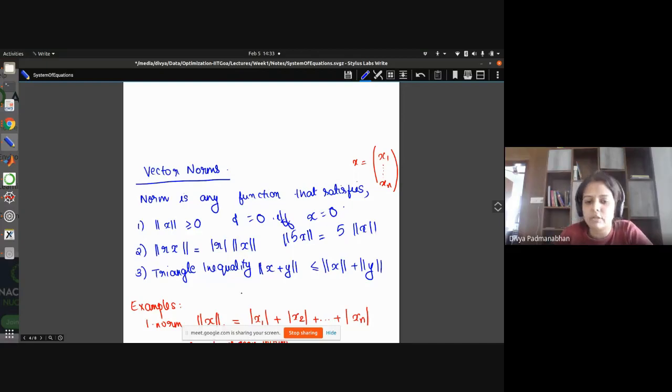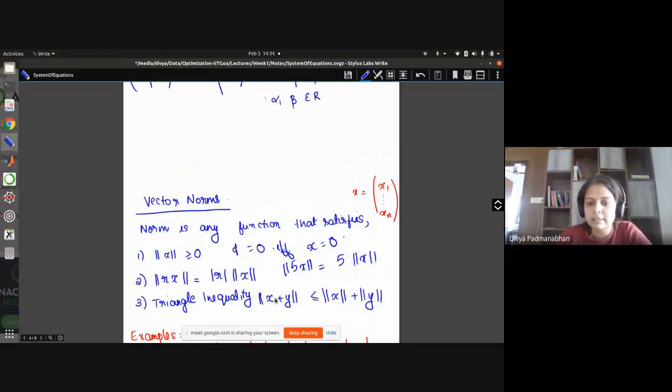And then you also have the triangle inequality, which says that norm of x plus y is less than or equal to norm of x plus norm of y. So this is actually needed for capturing the notion of distance, because suppose this is the vector x, and then you're going to some other place, and that's the vector y.